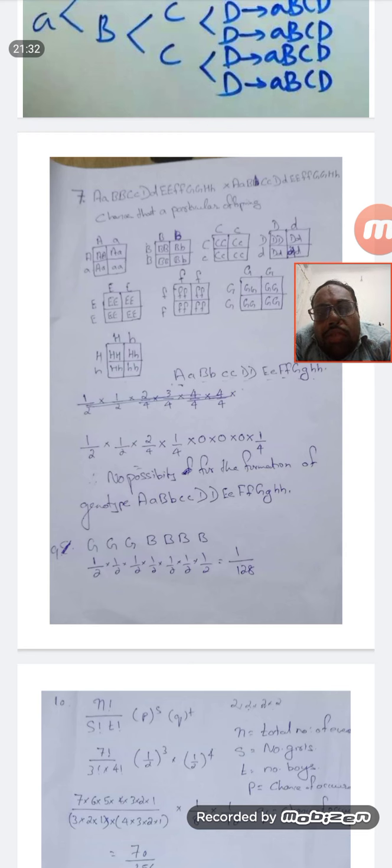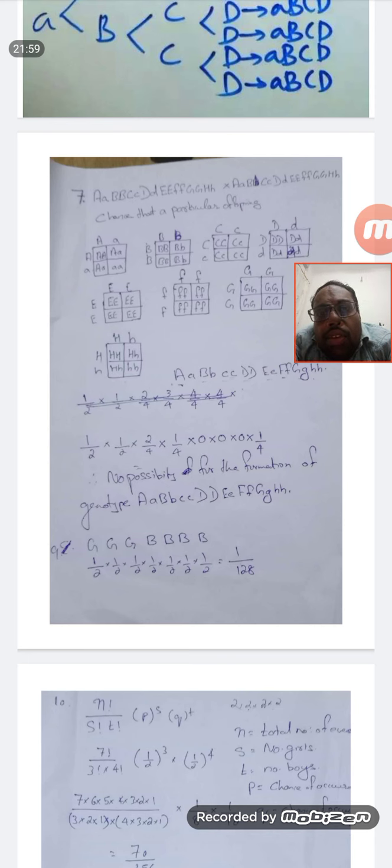So the cross is given, AABB, and you can see from the two parental sides that they are carrying almost the same genotype, some homozygous, some heterozygous. That means the same alleles for one character, some heterozygous, some homozygous in nature.